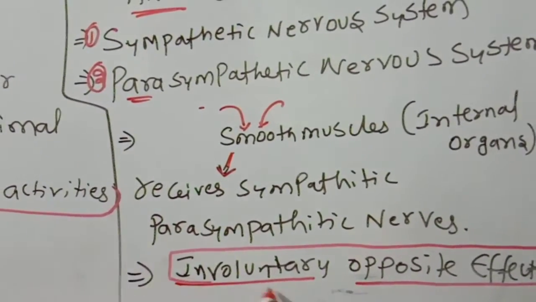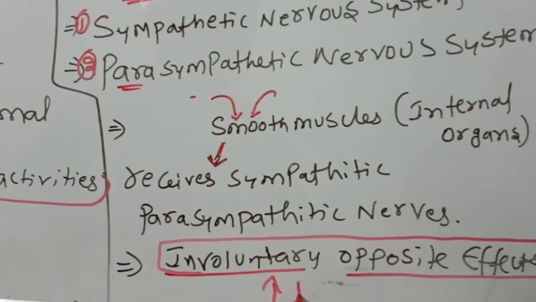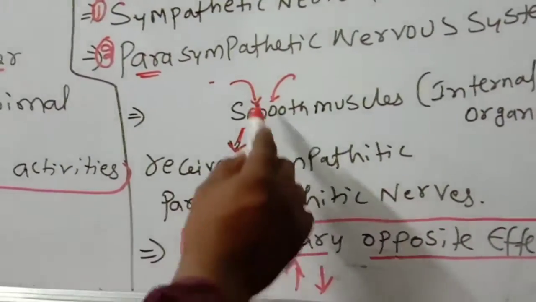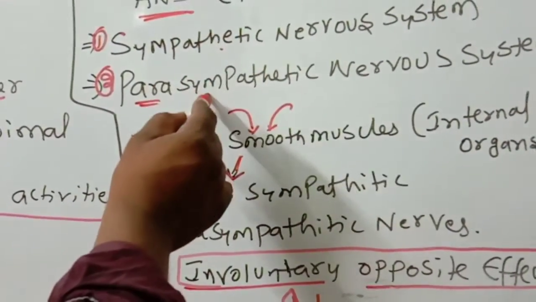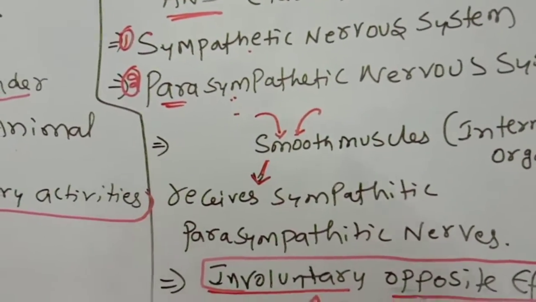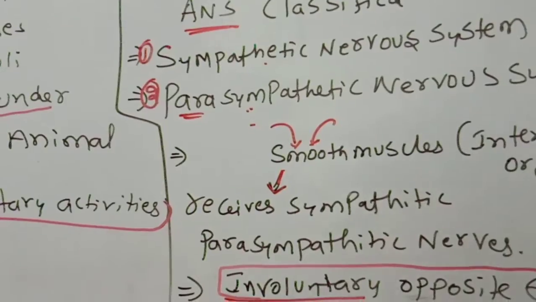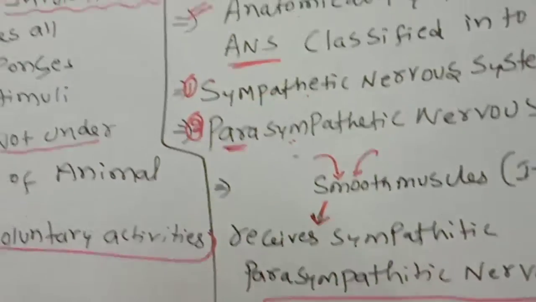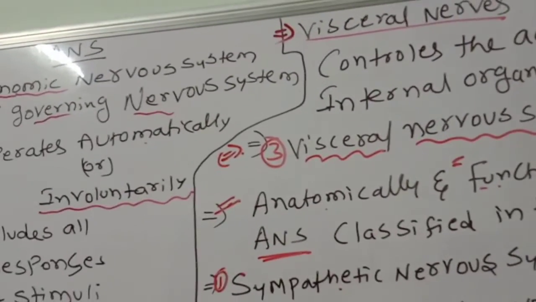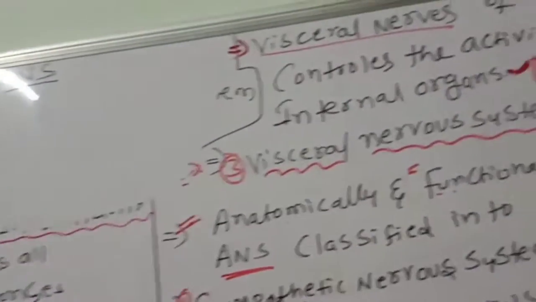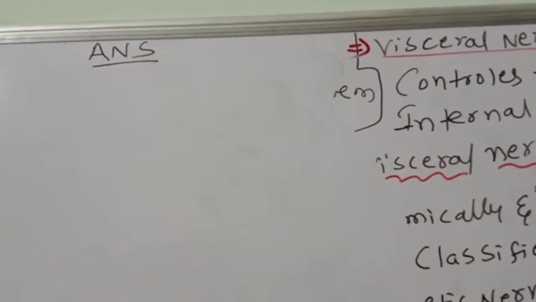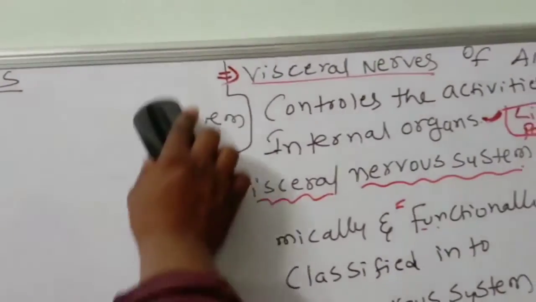One will increase the rate of reaction, the other will decrease it. Sympathetic is opposite to parasympathetic, and parasympathetic is opposite to sympathetic. So we will continue. Differences we will see. Sympathetic and parasympathetic we are going to discuss.